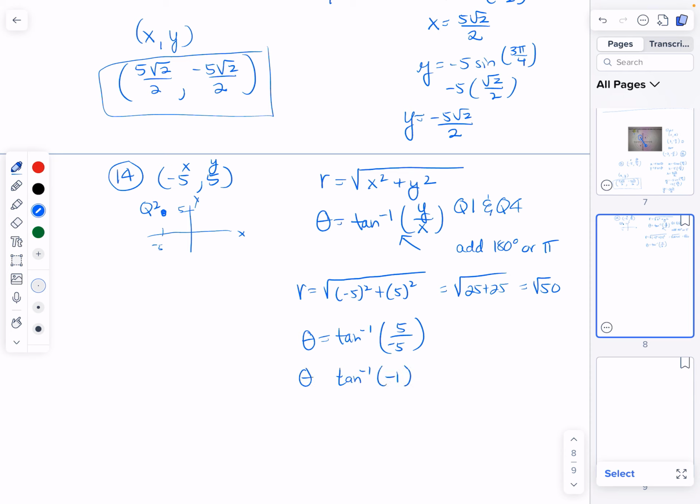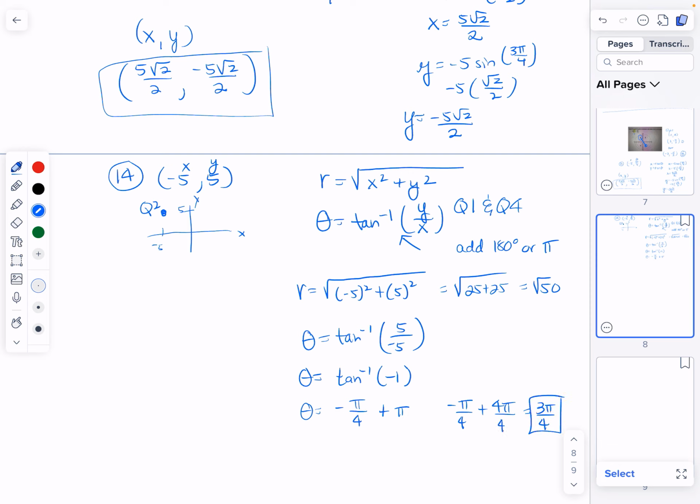And I know that that is kind of in quadrant 4, but actually the answer is negative pi over 4. Okay? Now remember, since I'm doing this in radians, I'm going to have to add pi to it to get my answer to go into quadrant 2. So negative pi over 4 plus 4 pi over 4 equals 3 pi over 4.